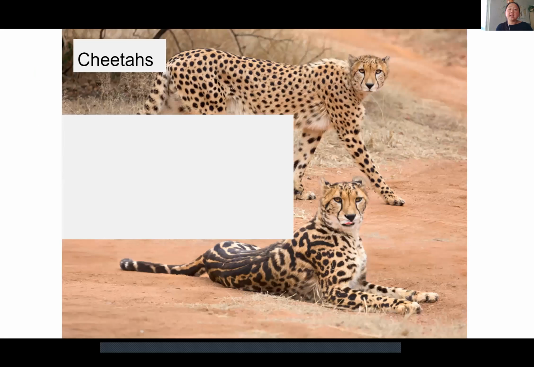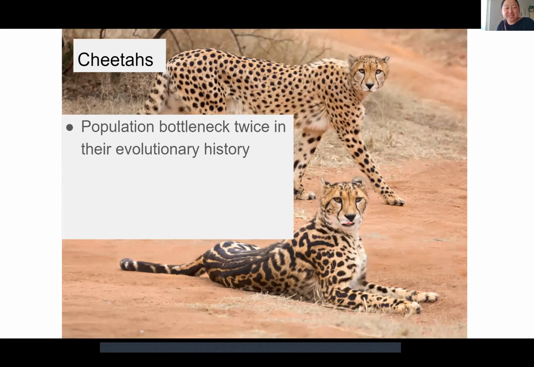All right, so a good example is the cheetahs. Their population has bottlenecked twice in their evolutionary history. Bottleneck means they had this population, and something happened, whether that was poaching or a natural disaster, so that it shrank a large part of their population.